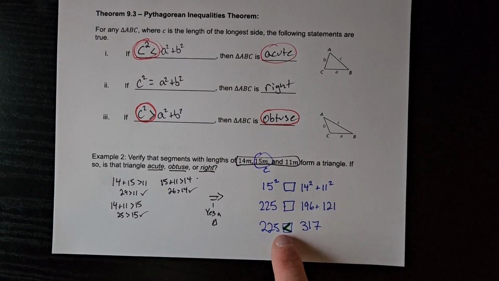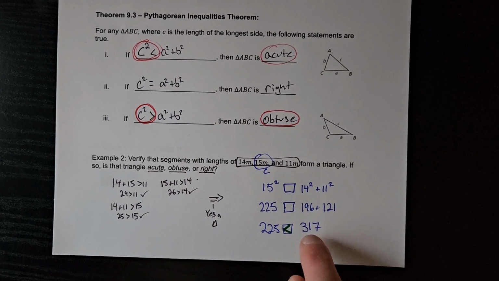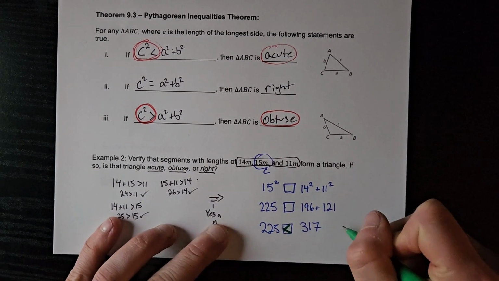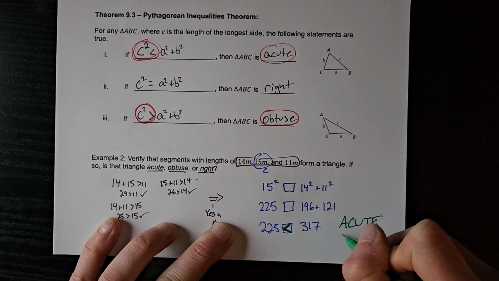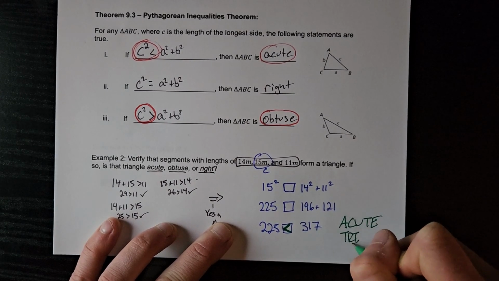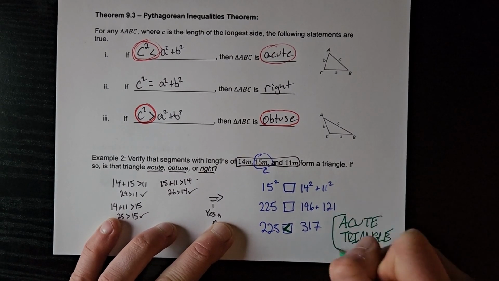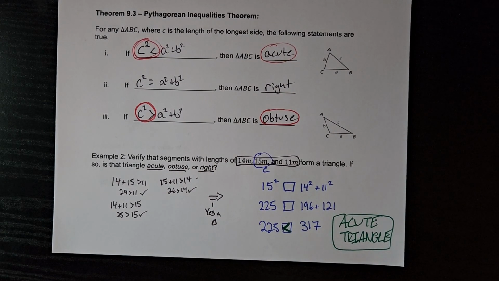And since I'm using the less than sign, and my c value is less than my sum, that means this triangle is an acute triangle. And that's it. Not too shabby.